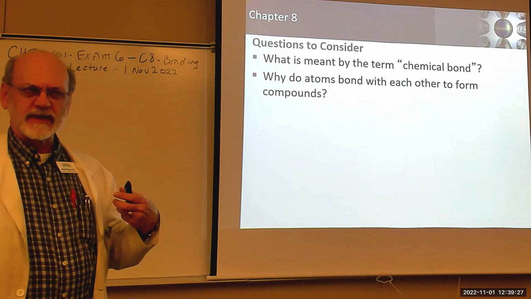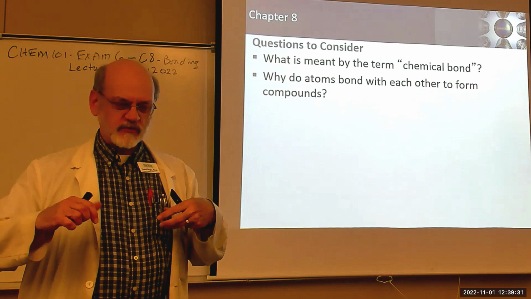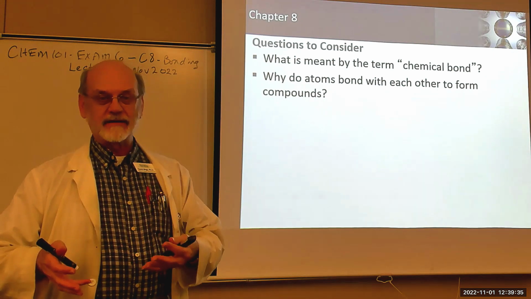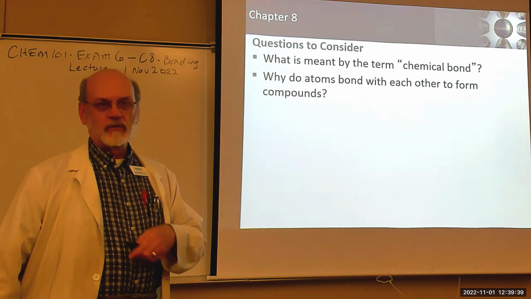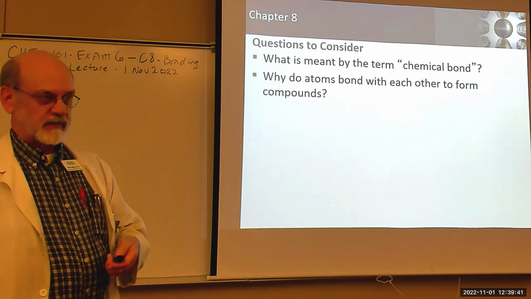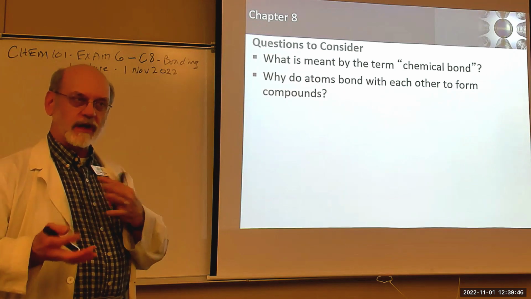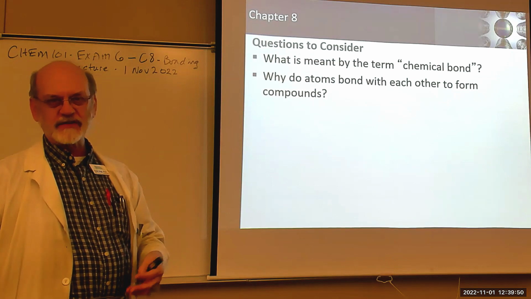We've talked about it a little bit as we go along, atoms trying to acquire an octet in their valence shells is one way of expressing it. The other way, which is kind of a corollary to the octet, is the atoms are trying to look like noble gases.